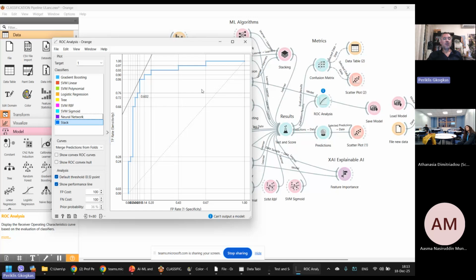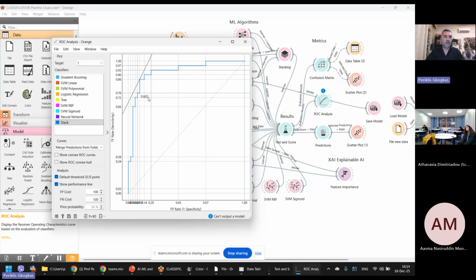But between the two extremes, threshold 0 and threshold 1, we have here the default threshold 0.5. When you select this, immediately Orange shows you where the point of the threshold 0.5 is.